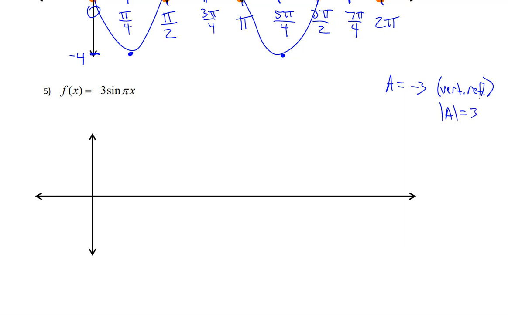Let's also note that in this case, b is pi, which means our period, for sine, is the normal period of 2 pi over b. Well, that's pi for this one, so 2 pi over pi, which really just means 2. So our period's just 2.